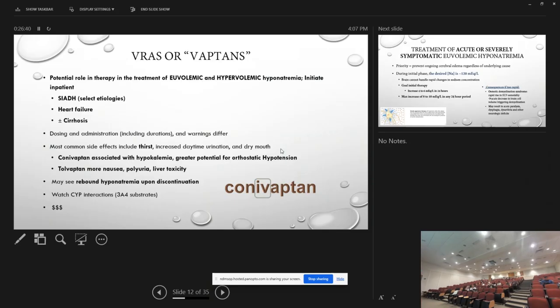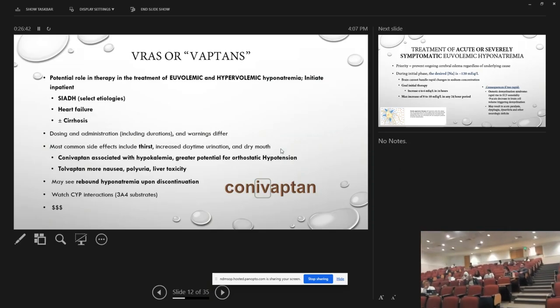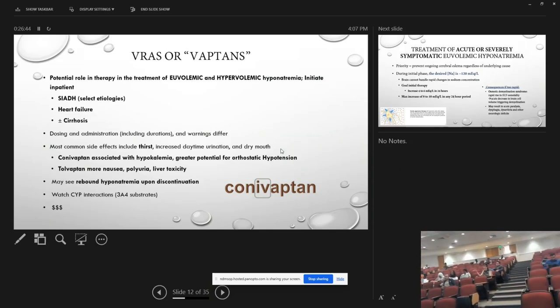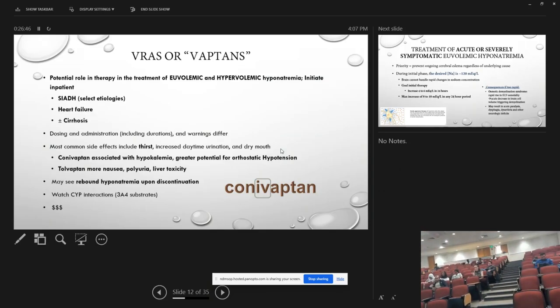So in euvolemic or hypervolemic, you can consider the Vaptans. Dr. Joshi mentioned this class of drugs, and there are indications for SIADH, heart failure, and then softer indications for cirrhosis.